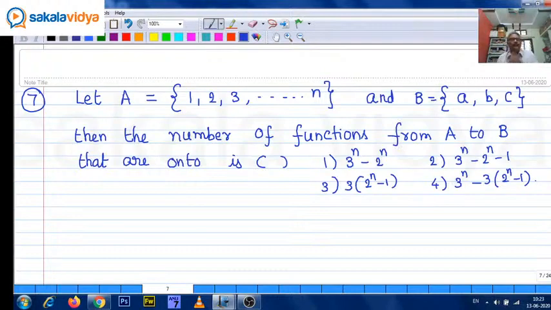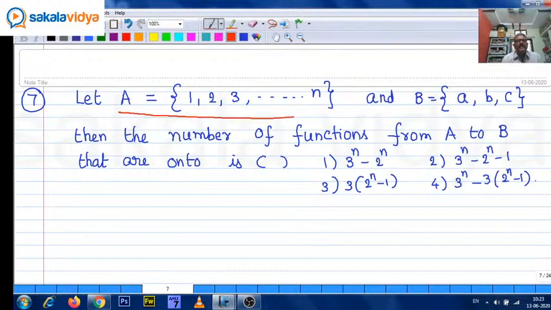Right. A equals 1 comma 2 comma 3 and so on up to n. That means the number of elements present in A is n. The number of elements present in B is 3. So that means, say m is equal to n and n is equal to 3. Then we need to apply the formula. Okay, let us do it now.